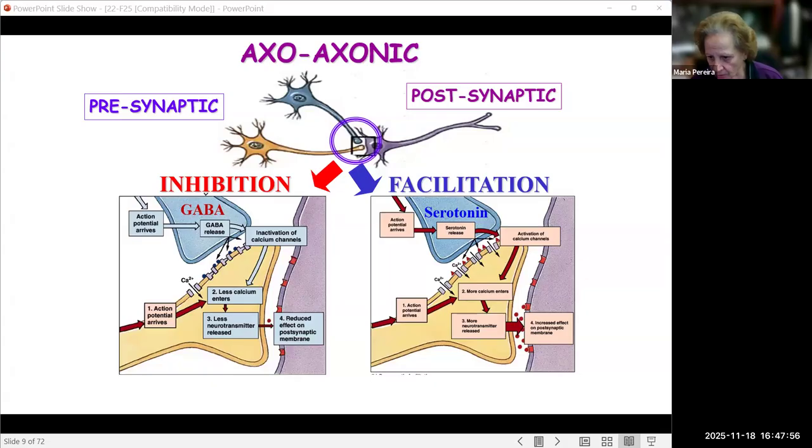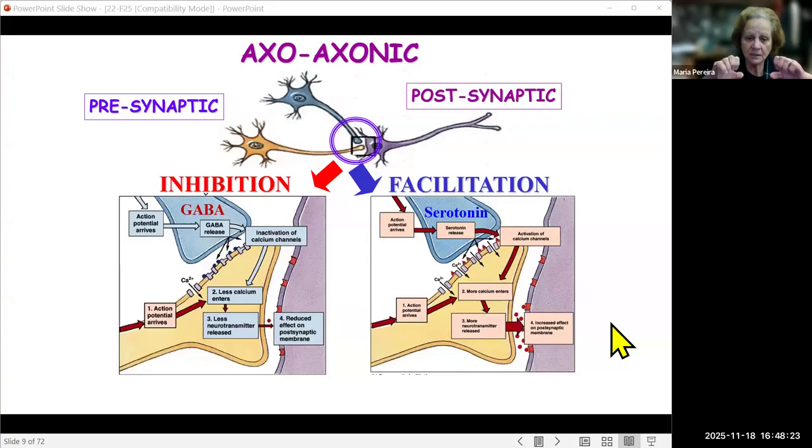What would be the purpose of inhibiting the action potential? Well, it's very, very important, because you don't want all the neurons to be active at the same time. For example, in Parkinson's disease, the dopaminergic neurons in this case are inhibitory. If they die, then the person has tremors.